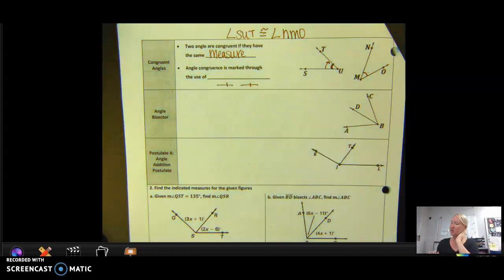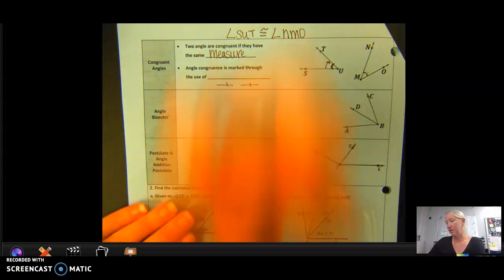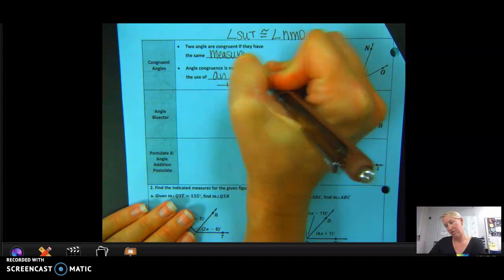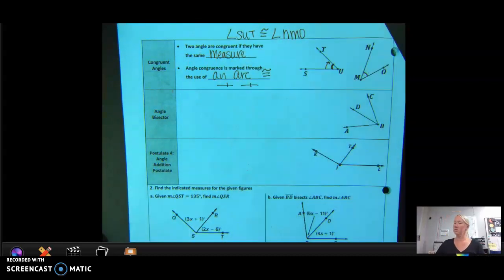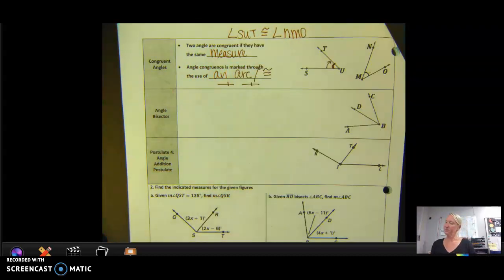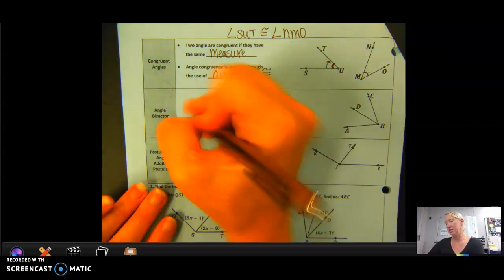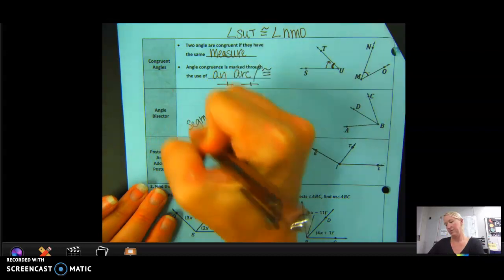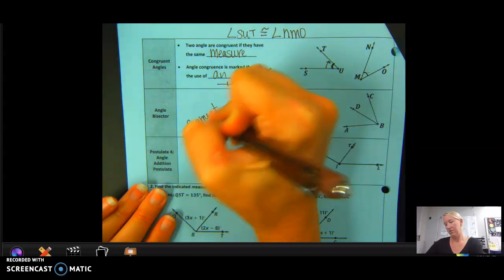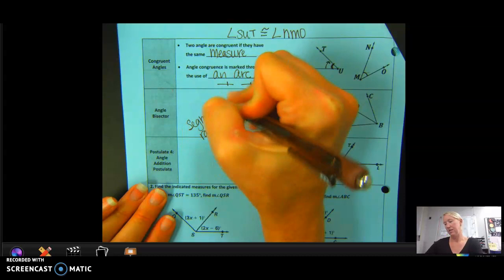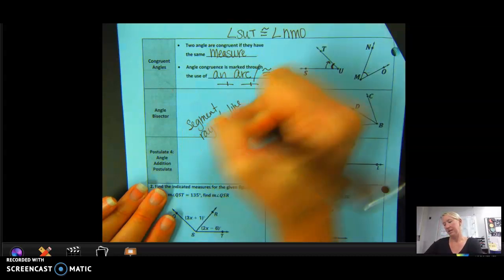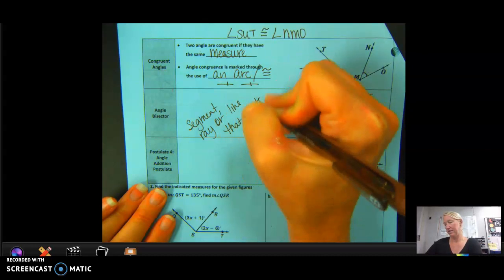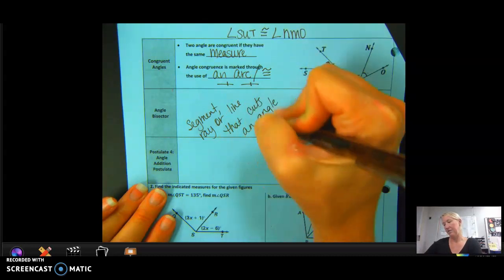Angle congruence is marked through the use of an arc. And then if we're talking about it in an equation, we use the congruent symbol. Angle bisector is a segment, ray, or line that cuts an angle in half.